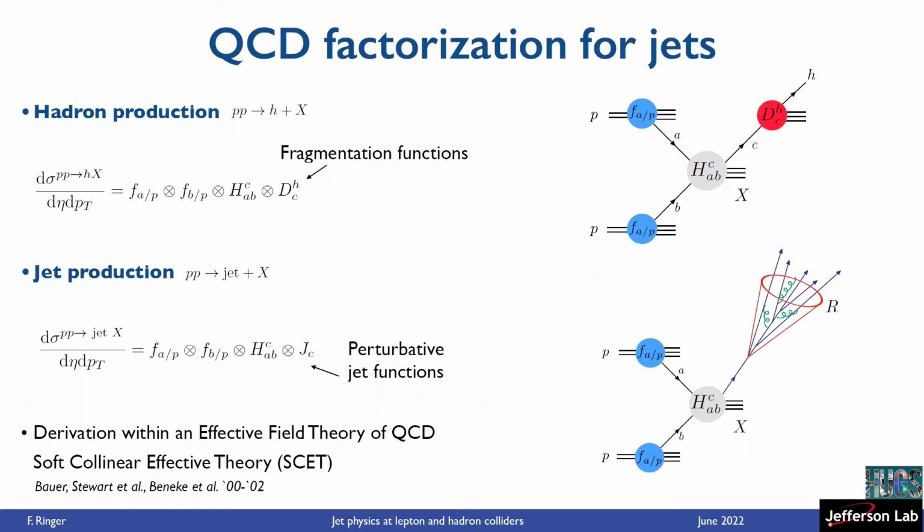That's now captured not by a fragmentation function, but by a jet function. It's very similar in the sense that it also depends on some collinear momentum fraction that tells us how much of the initial momentum that was available is actually contained in the jet. That's the main question I'm trying to answer.